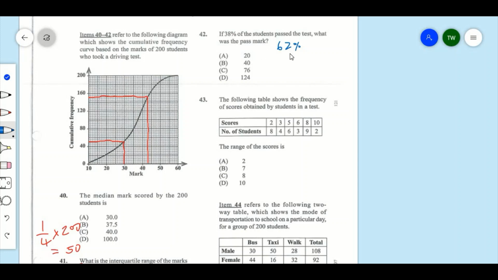So what we can do is find 62% of the total population. So that's going to be 62 over 100 multiplied by 200.